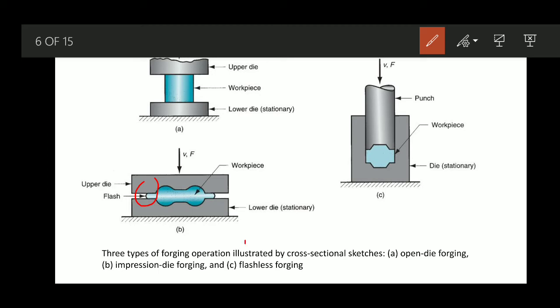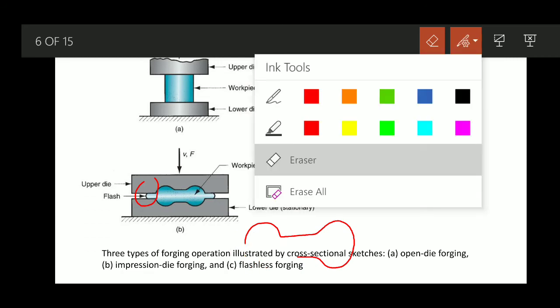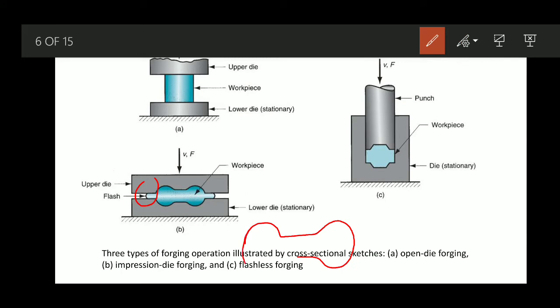So the required final shape is something like this, but you have got some extra part, this flash part, so this has to be trimmed off later on. Okay, this is not required. You require only this portion. So that is the flash.